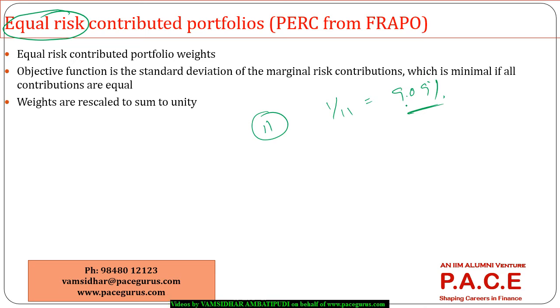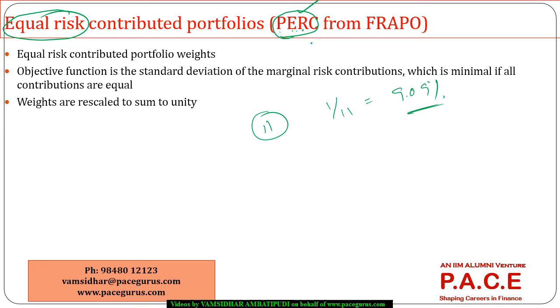So if I really want that kind of allocation, that's one more kind of portfolio that we can think of. If I have to create a portfolio in such a way that all sectors contribute equally to the overall risk of the portfolio, I can do that using the PERC function, portfolio equal risk contribution. Equal risk contribution to the portfolio is something that I am looking at, and I want to calculate the weights based on that composition.